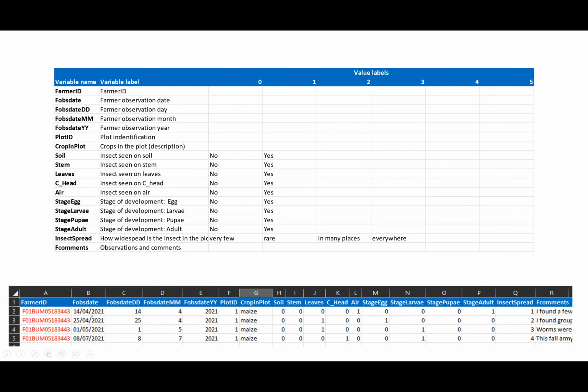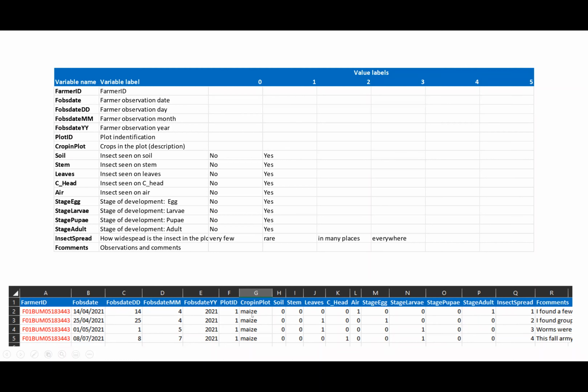And then it gives the F of date. What is F of date? Luckily, they have provided us with a dictionary that says F of date is farmer observation date, perfect. F of date DD, farmer observation date, day, month, and year. They split it into 3 different columns, very likely because of the problem of transferring dates between software and software.